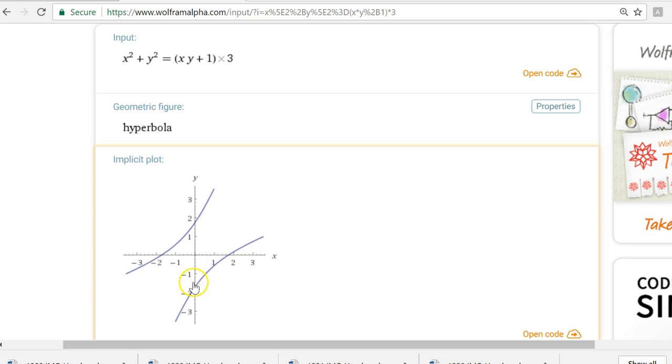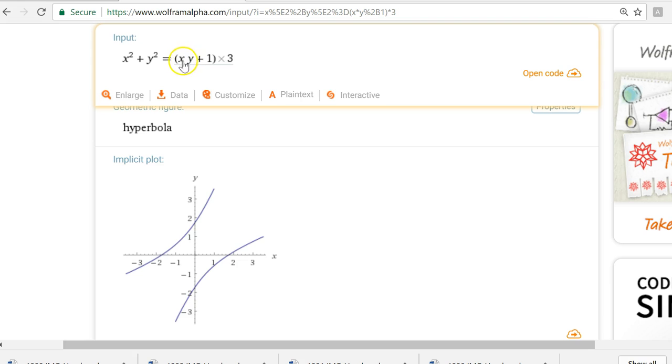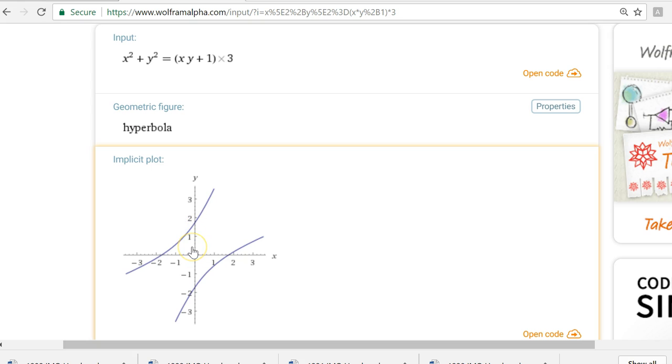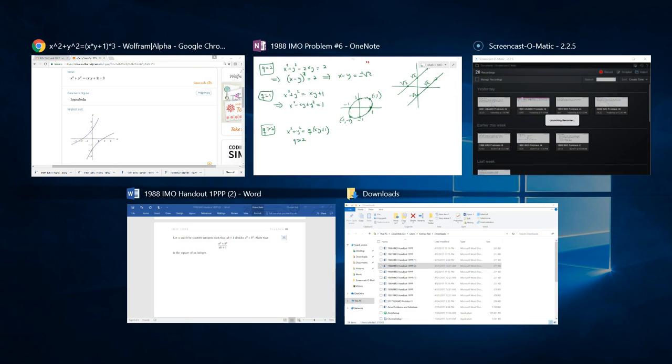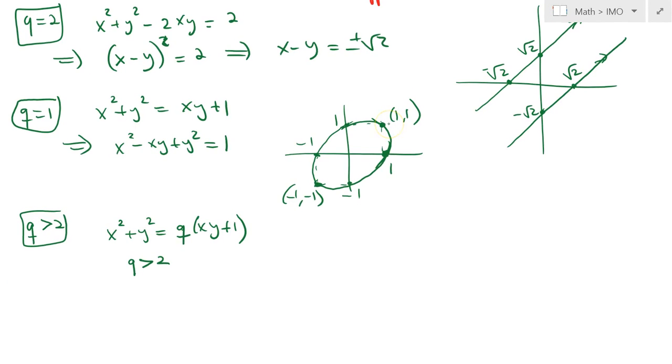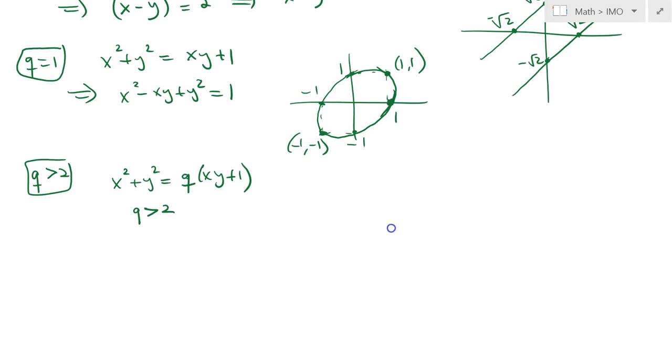It's not surprising to find the intercepts, which I think are root 3 here, because if you substitute x equals 0, this term is removed, so you have a 3 on the right hand side, and on the left hand side you have y squared, so you'll have plus and minus root 3.